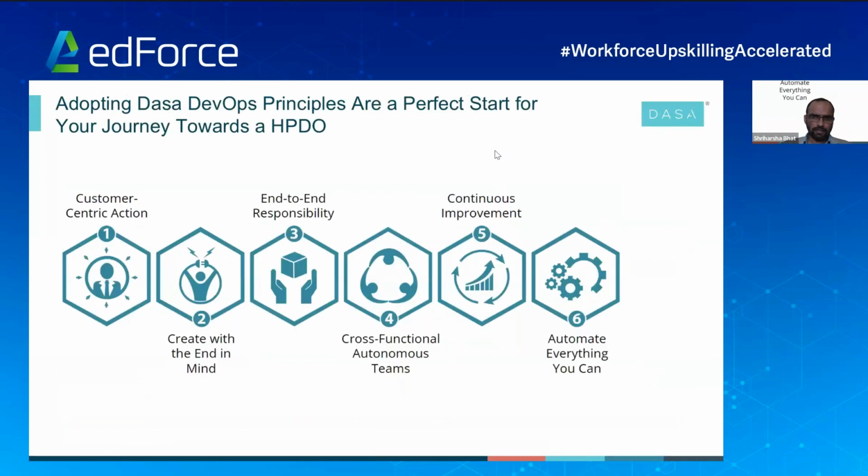I will talk about this. DASA came up with the principles which are the very foundation for the high performance digital organization. The first is customer centric. We would like to see that our agile teams, our organization, or the entire ecosystem looks from the customer's point of view.